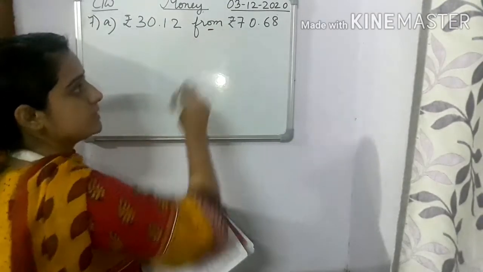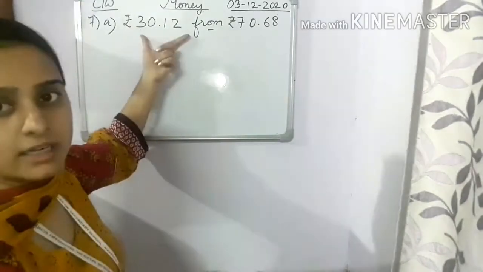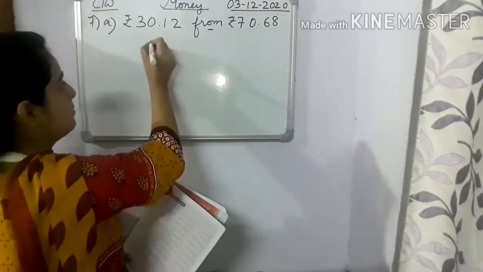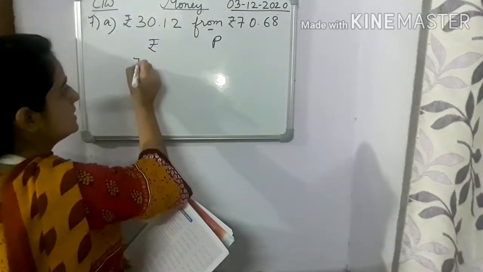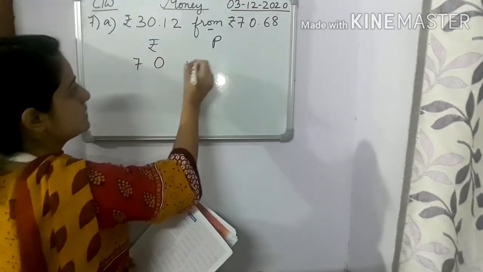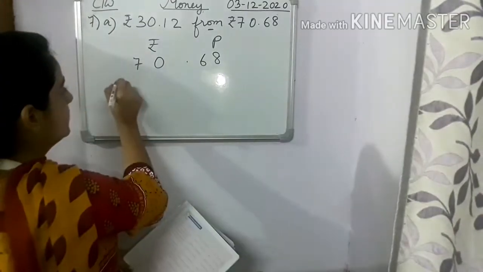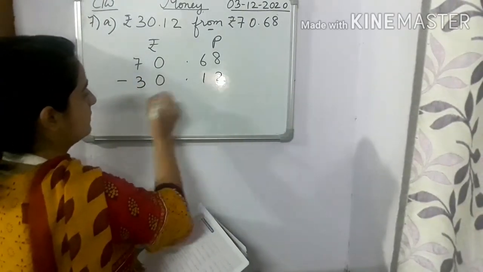Again the word from is there. It means this number will come first and the 30 rupees will be arranged below 70 rupees. So let's put rupees and paisa. First comes 70 rupees dot 68 paisa, minus 30 rupees dot 12 paisa.